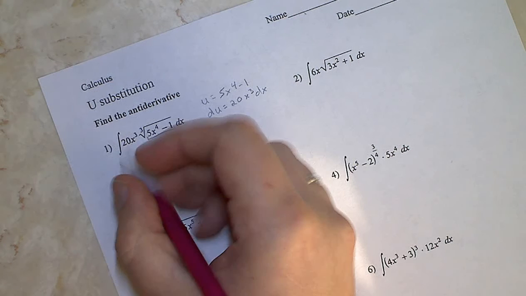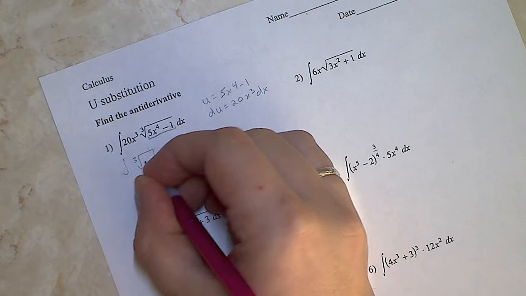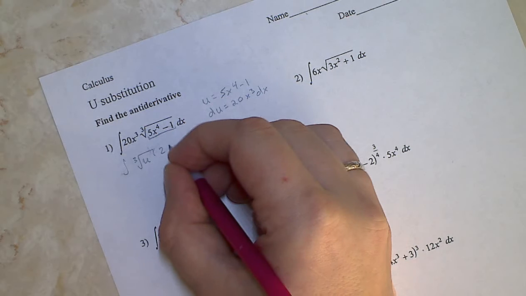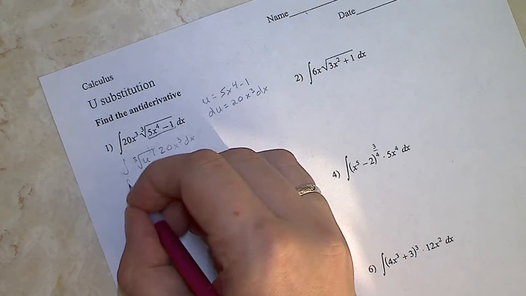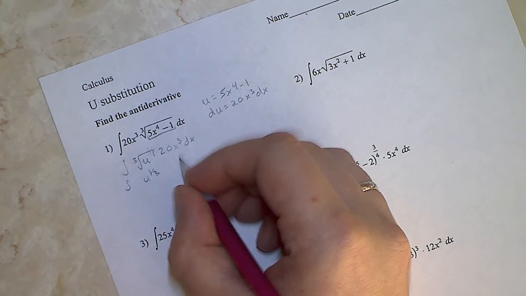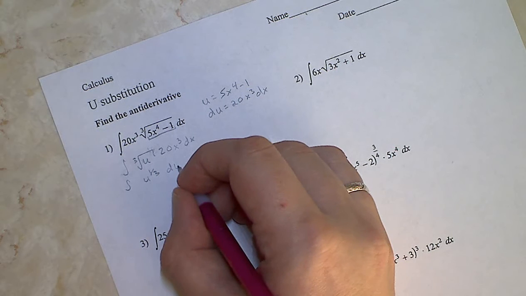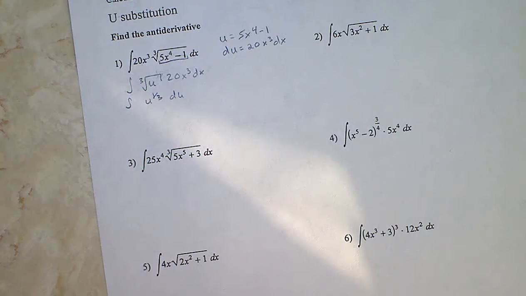So I've got cube root u, and then I had 20 x to the 3rd dx. And my next step was, I'm going to do these two steps together though. Is it fair for me to do those two together? Yeah. Cool.